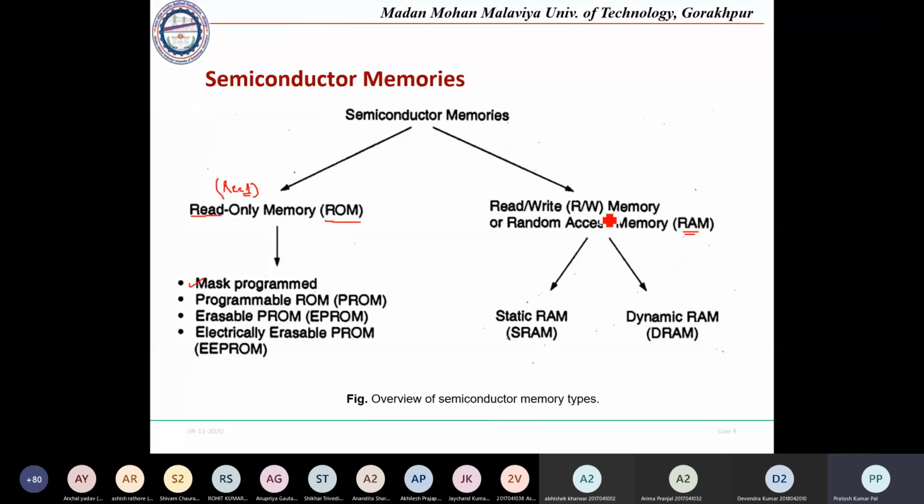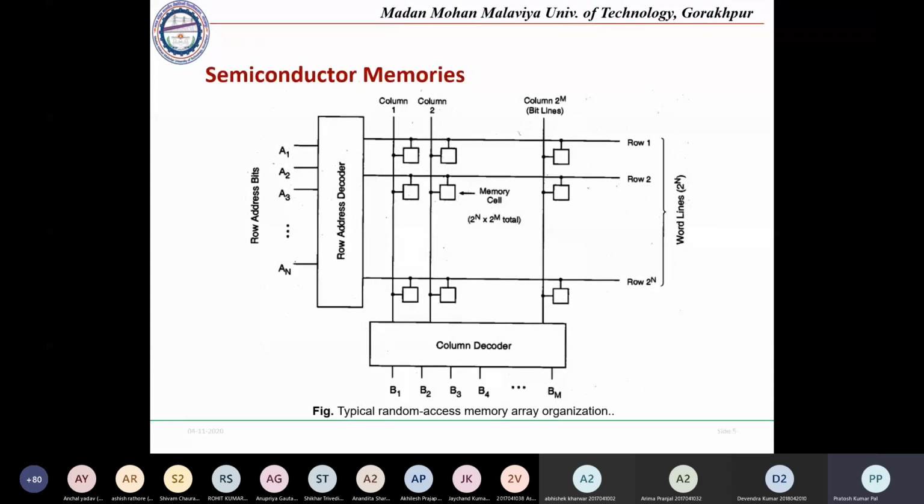Similarly, in case of memories like RAM, we will see two different types of RAM. One is static RAM, another one is dynamic RAM. We will see these structures in detail in the further slides or lectures. So this is the generalized structure of a memory.